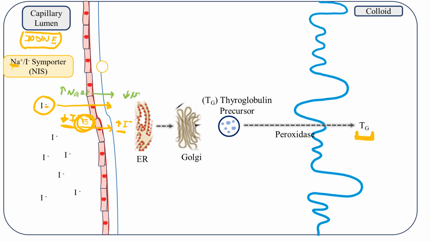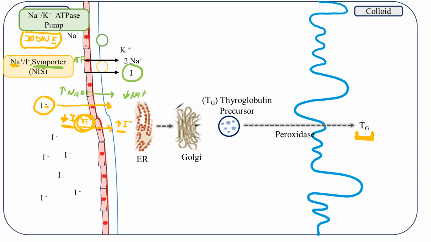So this sodium will go from blood into the thyroid follicle, and along with it, it will take one molecule of iodide with it. So when sodium is taking something with it, it is called a symporter or a co-transporter. Now this sodium iodide symporter is using ATP indirectly from the sodium potassium ATPase pump.